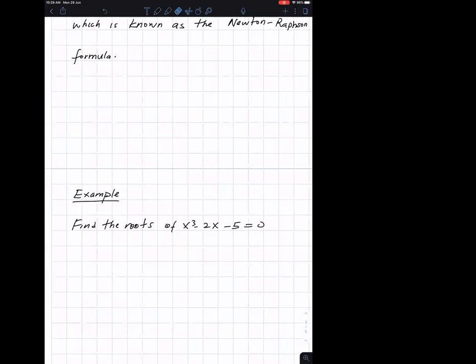x cubed minus 2x minus 5 equal to 0. So let's go ahead and find the root. Let f(x) equal x cubed minus 2x minus 5.